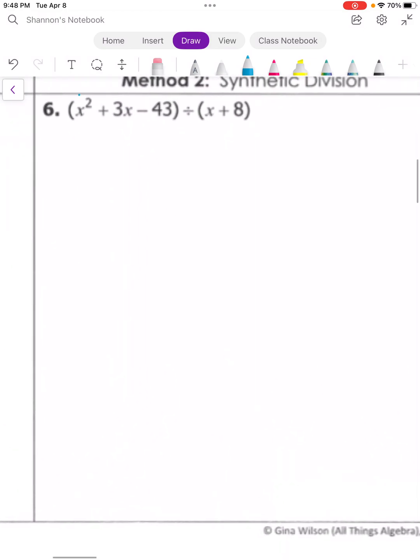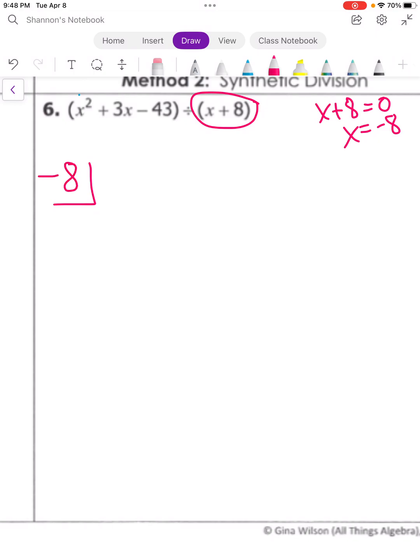So when you are doing that, you take what you are dividing by, set it equal to 0. So pretend as if that was the factor. What would the 0 be? That would be negative 8. That number is going to go in a little box over here. Then, next to that box, you'll have numbers out here in a row.